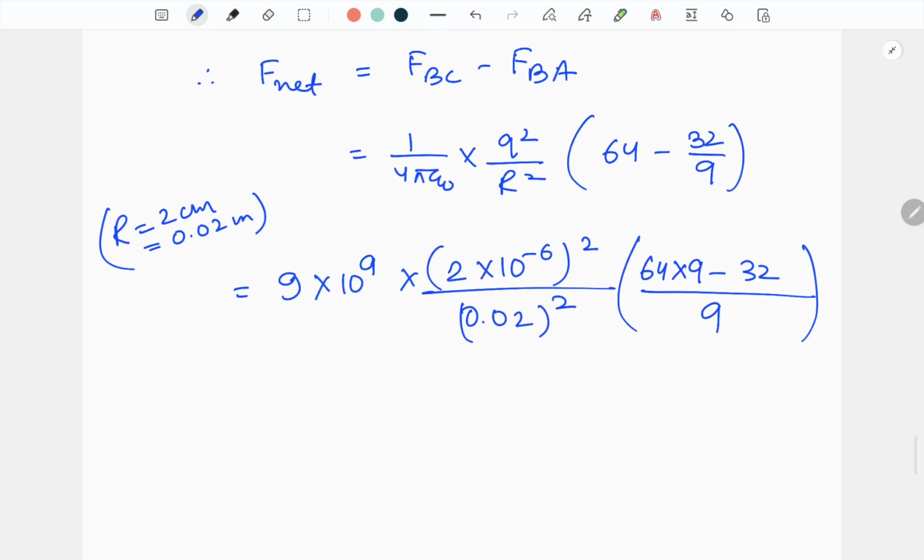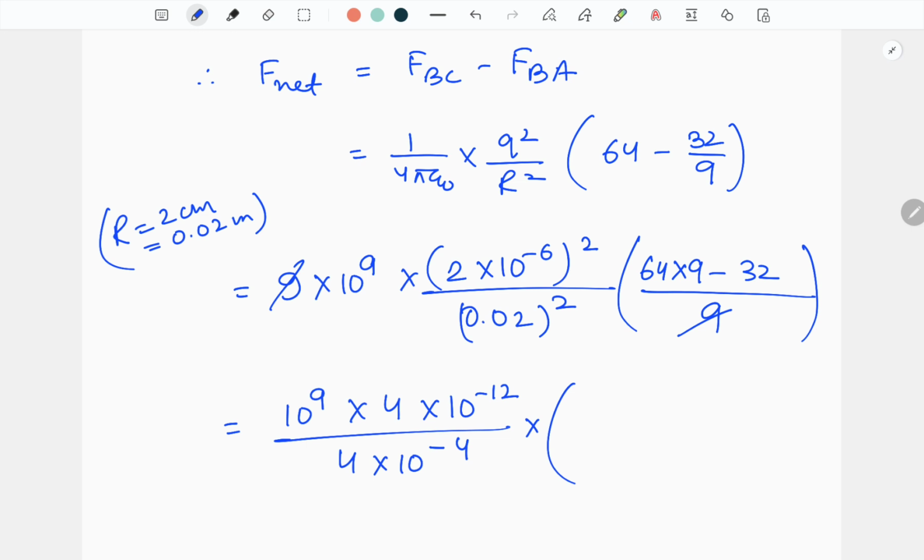Now all you have to do is solve this. So this 9 and 9 get cancelled. 10 to the power 9, 2 square means 4, 10 to the power minus 6 square means 10 to the power minus 12. This becomes 4 into 10 to the power minus 4, I guess.